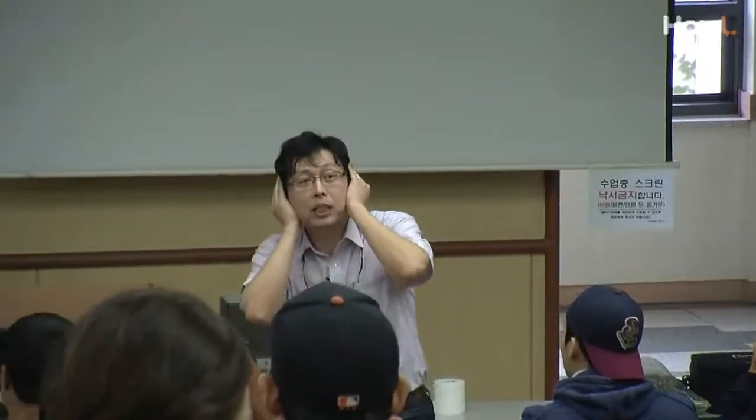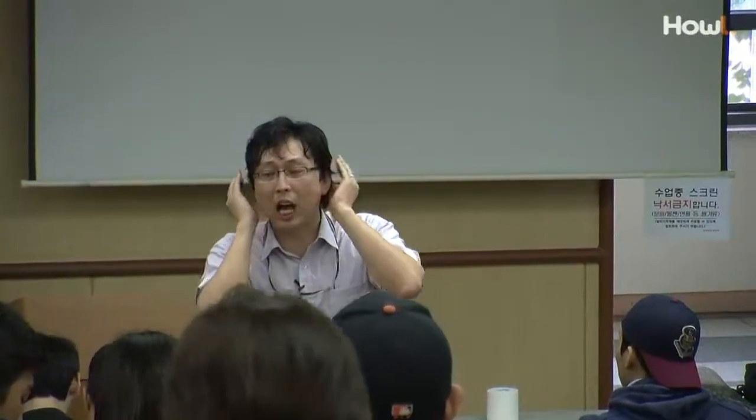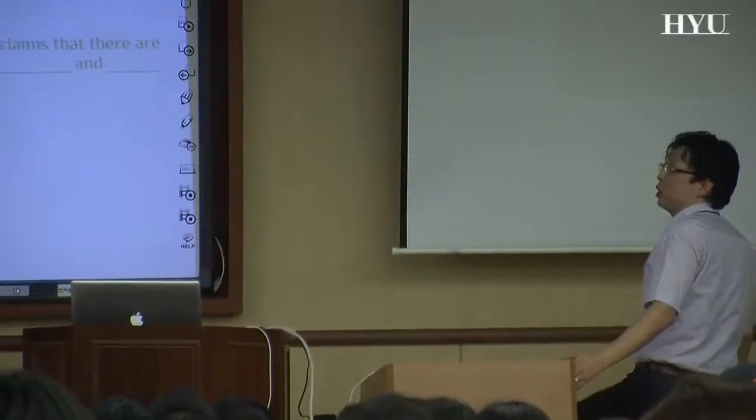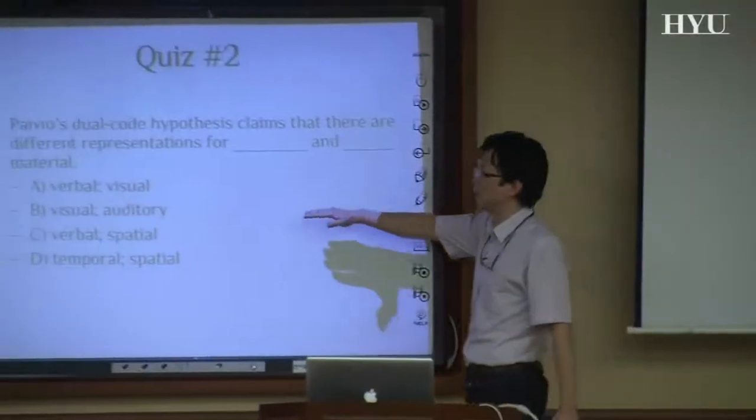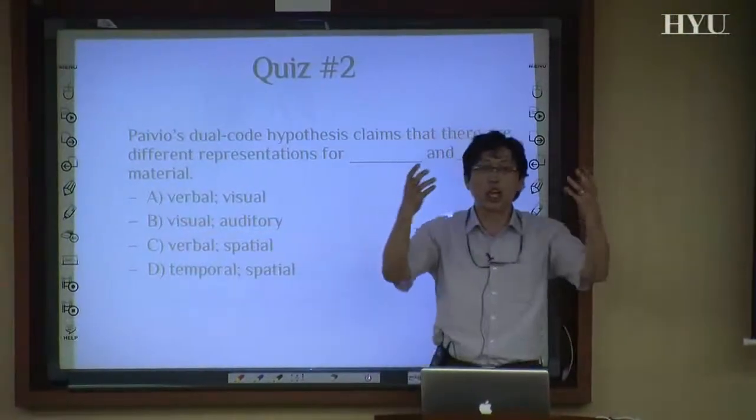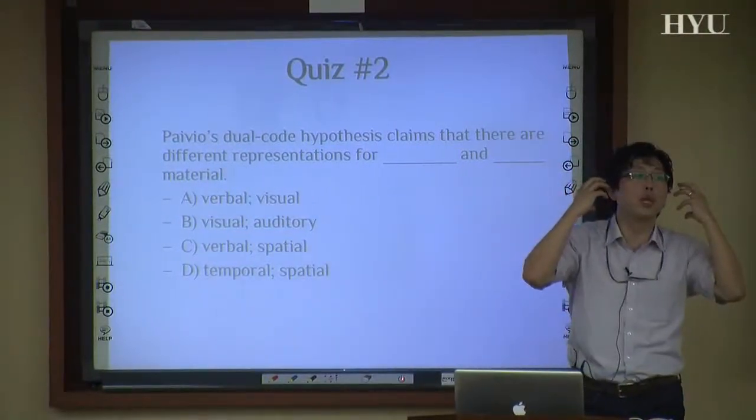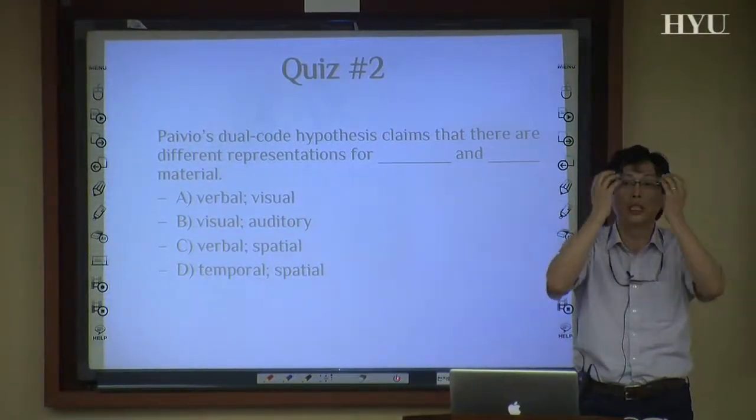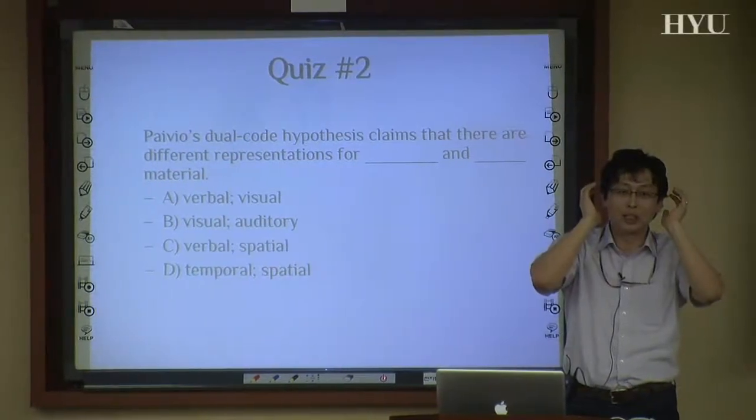But knowledge representation is not the same as our modality or channel. It might be something different, which means B is not the answer. B should not be the answer. This one is the channel: to receive information, we have two channels, visual and auditory.